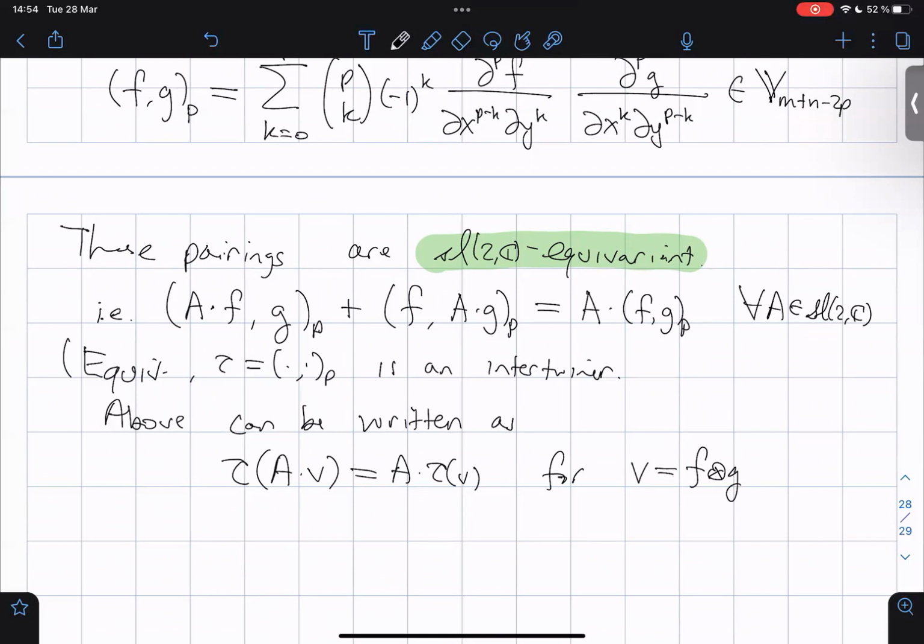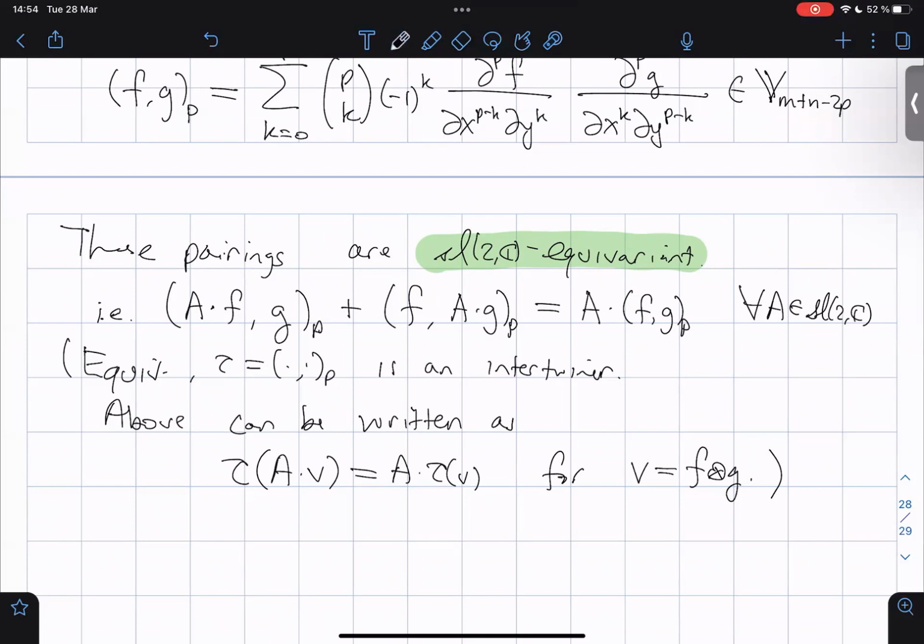You're feeding this tensor product into this pairing: F goes in the first slot, G goes in the second. Of course, this action of A on the tensor product is via the Leibniz rule. That's what you're saying.